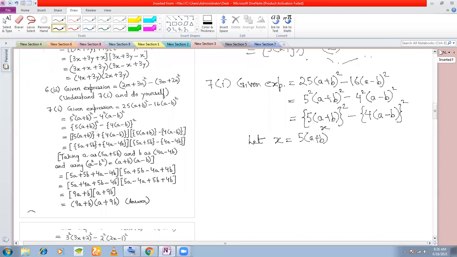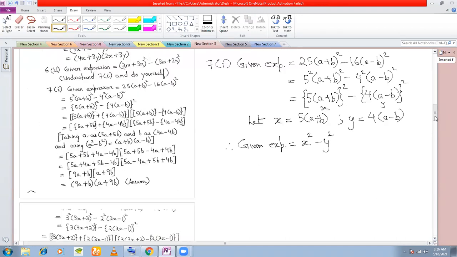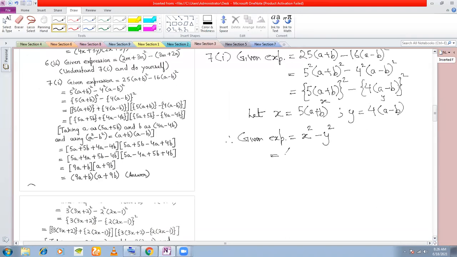This one we consider as our x. This one we consider as our y. So y is equal to 4 times a minus b. So therefore, what does the given expression become? Given expression becomes x square minus y square, which is x plus y into x minus y.